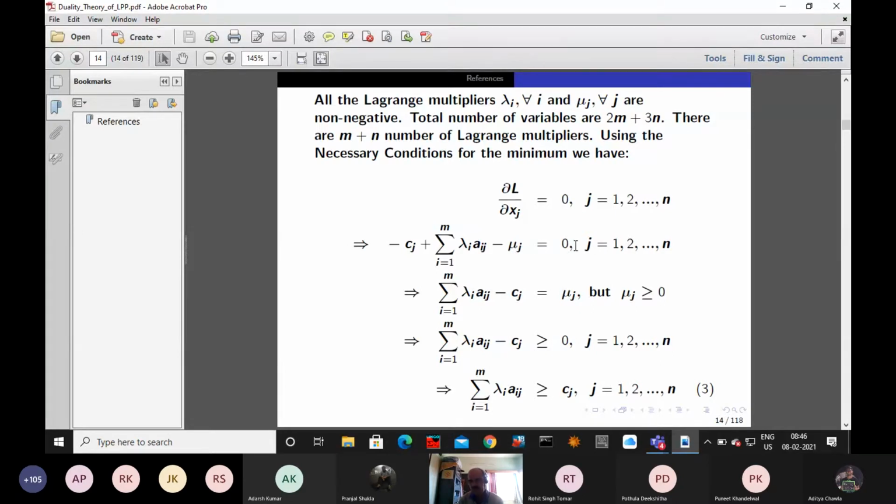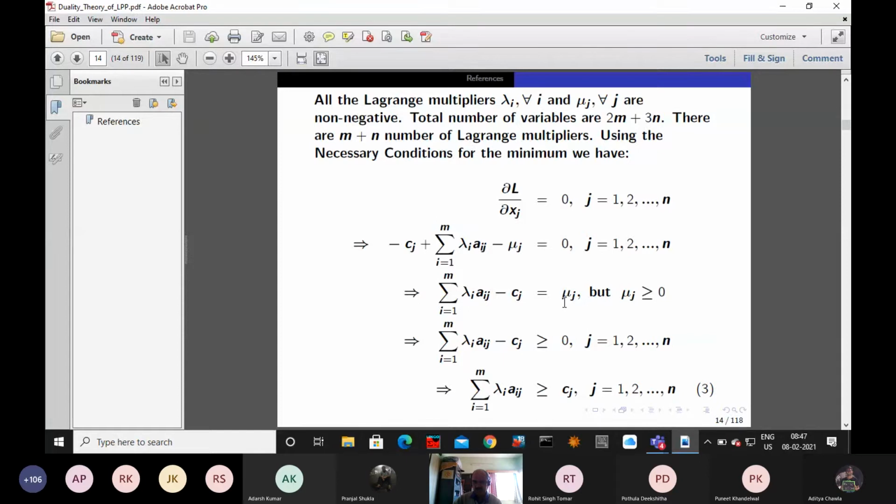If you subtract mu j and get 0, this mu j is certainly greater than or equal to 0, non-negative. So if you subtract some positive quantity and it becomes 0, then keeping it on the left hand side, we can write summation over i varies from 1 to m lambda i aij minus Cj equal to mu j.